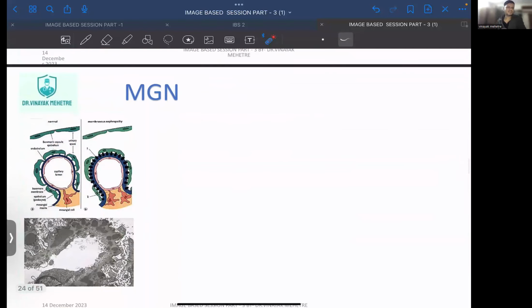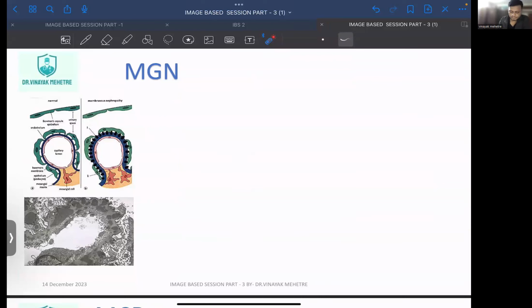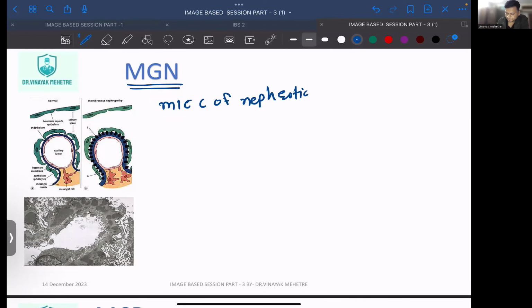Then comes membranous glomerulonephritis. How will you remember it? Just remember it is the most common cause of, what does it cause, nephritic or nephrotic, anyone? Yes, it is going to cause nephrotic syndrome. In whom?